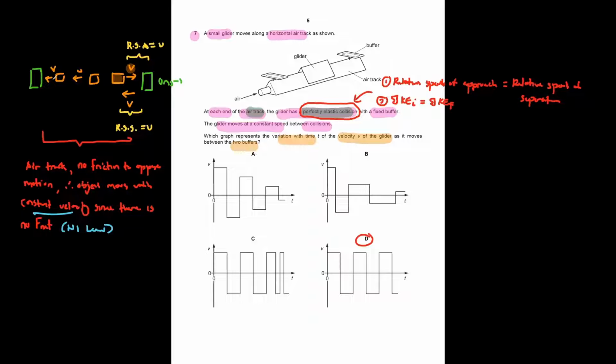And then after that, same thing, it will hit the left-hand buffer with velocity v, and it will likewise rebound with velocity v, because, same as before, the collision is elastic. Relative speed of approach is v now. Relative speed of separation would also be v.